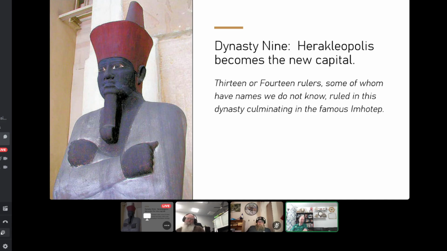It would explain a lot about the time period if it is true, but it's one of those circular arguments. We don't know much about what was going on in the first intermediate period, but we think the Ipuwer Papyrus talks about bad times, and these seem to be bad times.